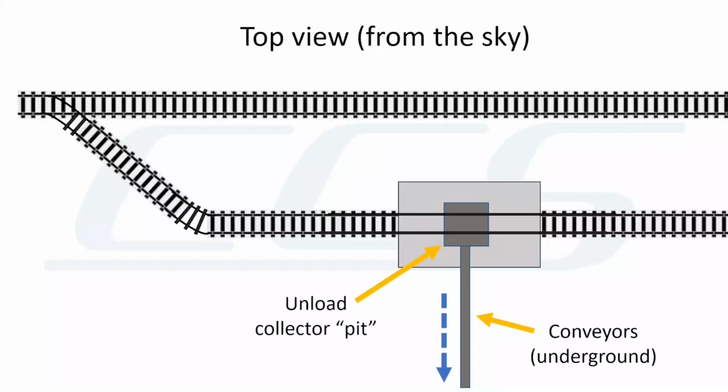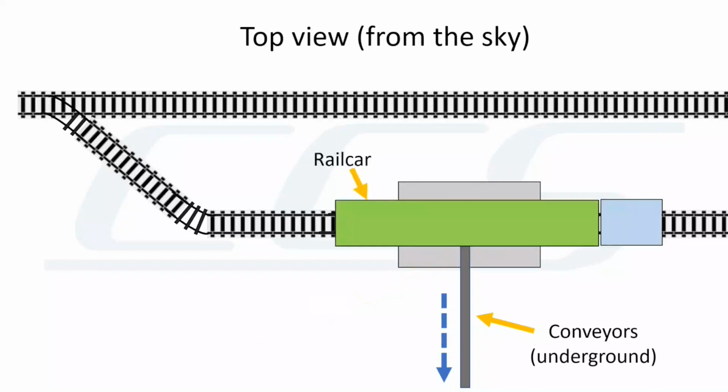They have ways to move the railcars around to the right locations. Here we see a railcar that is in position over the unloading station. When the railcar discharge chute is opened, the material can be carried to the destination hopper by the conveyors. Now, if this was a liquid unloading station, we'd have pumps, pipes, and valves instead of conveyors, pits, and diverters, but the idea of unloading is similar.